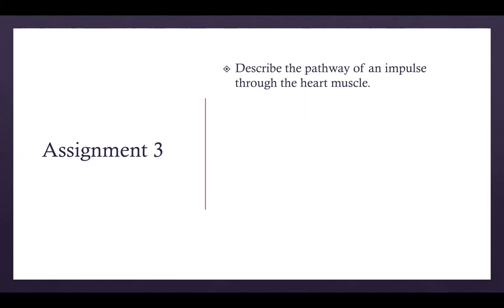One thing you should be able to do is describe the pathway of an impulse through the heart muscles. So where does that impulse start? Where does it travel to? And what chambers does each part act to contract? Remember that the SA node and the AV node are going to contract your atria, and it's the bundle of His and the Purkinje fibers, I always get tripped up on that word, that are going to cause your ventricles to contract.